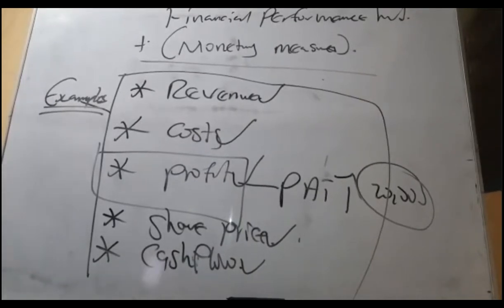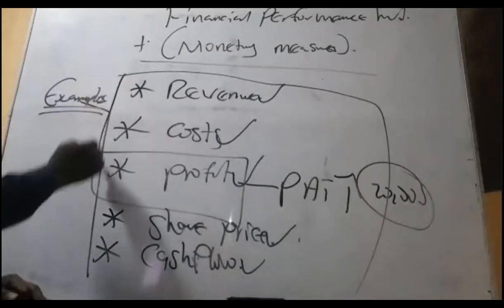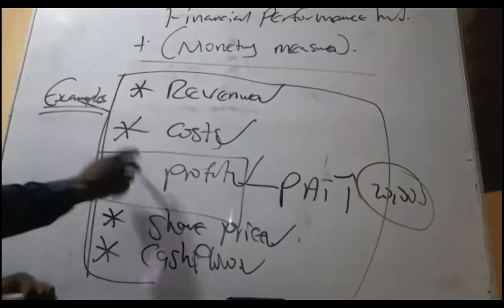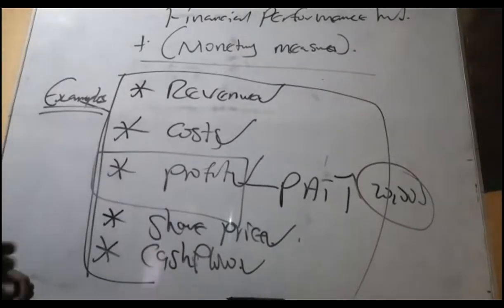What does financial performance talk about? It talks about one, profitability, two, liquidity, three, your risks. Good. That's what financial performance talks about. But these are examples. There are many. They are not limited to this. And then all the ratios.